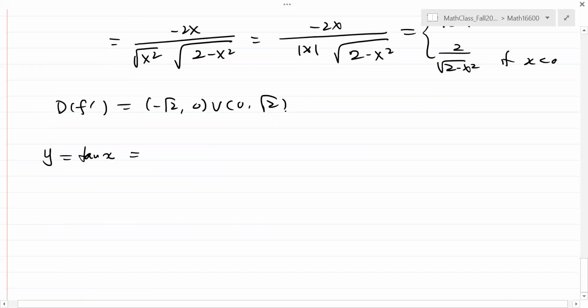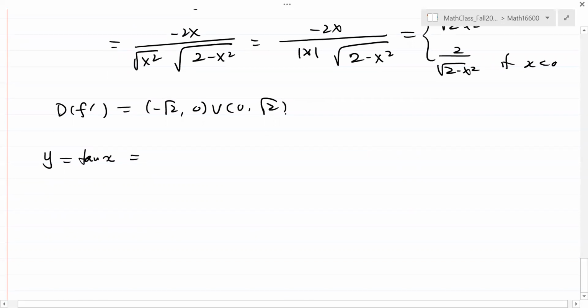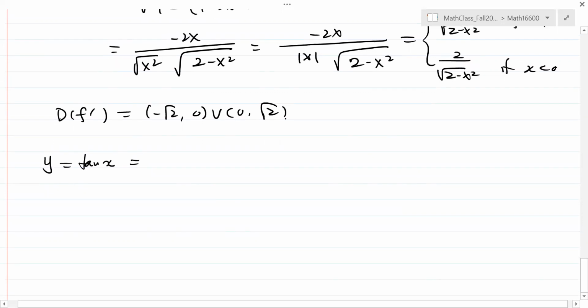You don't need to memorize lots of things. Every time you need some information, look at your cell phone and find it. It's so convenient. Everybody becomes very smart and knows lots of things within a few seconds if you know how to use the tools. All right, so this is sine x, cosine x.